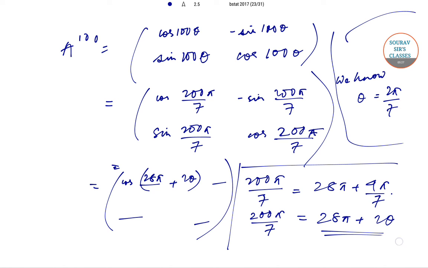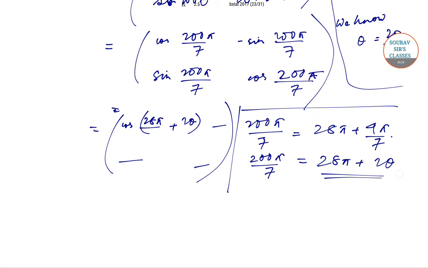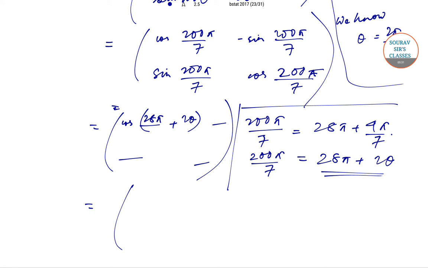So this matrix, we'll try to simplify it, and ultimately we'll get that cos of 28 pi plus 2 theta is nothing but cos of 2 theta, and minus sine of 28 pi plus 2 theta will be equal to minus of sine 2 theta.